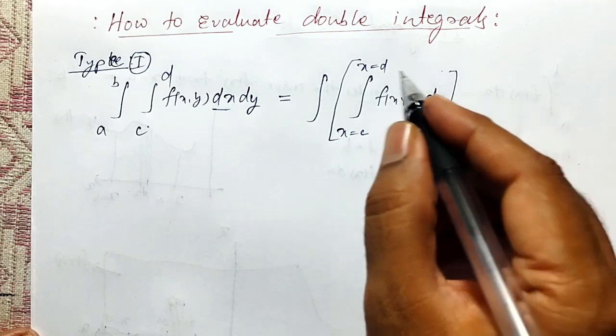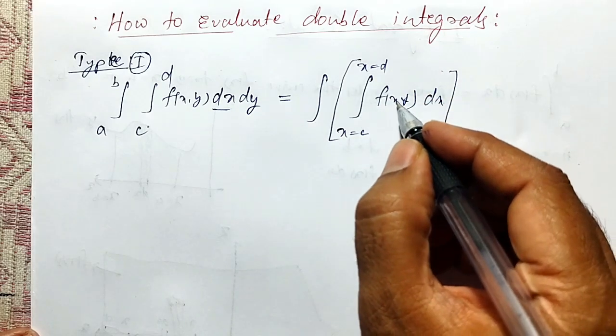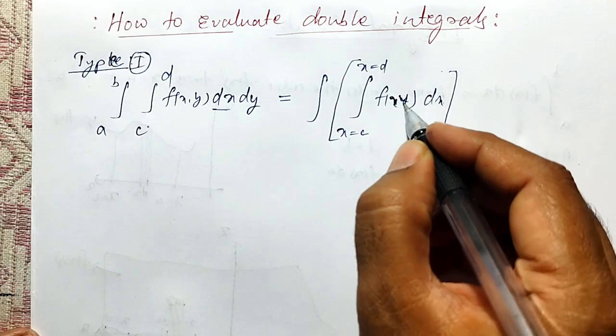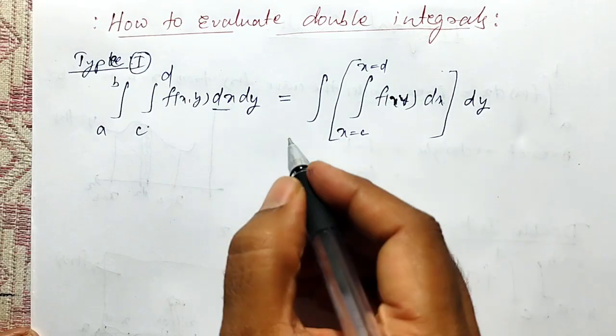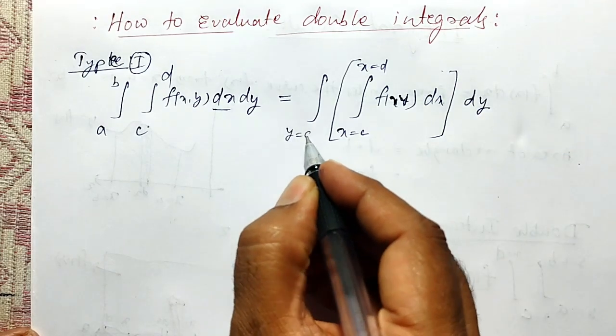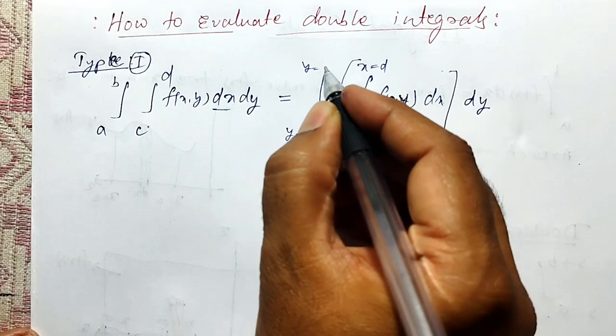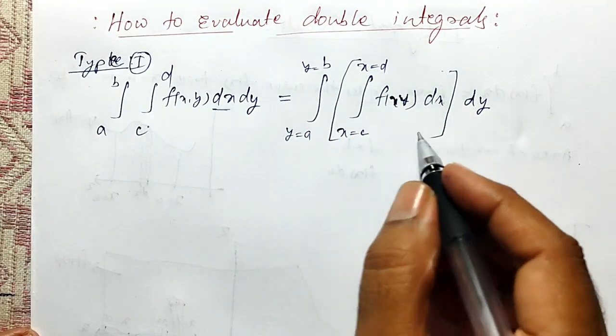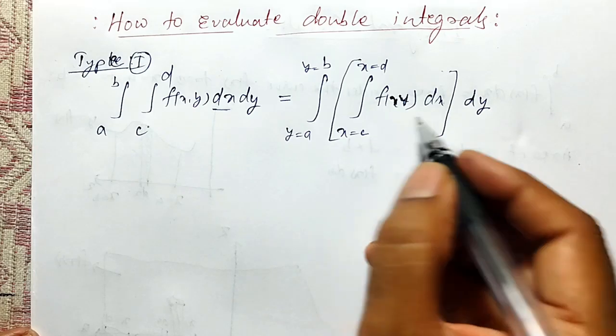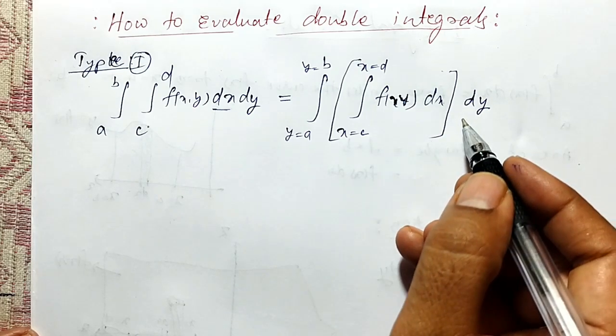Then after that, whatever the answer is coming, that by keeping y constant, we'll integrate with respect to y, from y equal to a to y equal to b. And then you are going to simplify that.